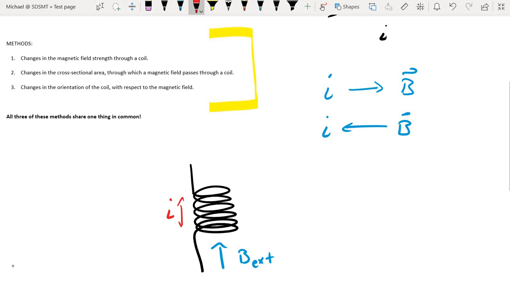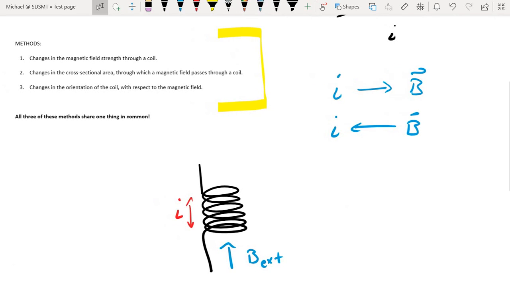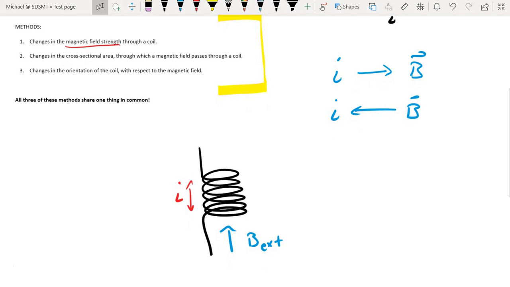The question as to which way that current will flow, we'll get to that in a little bit. But the idea behind this is that the strength of that external magnetic field needs to be changing in order for us to induce current within that conducting material.